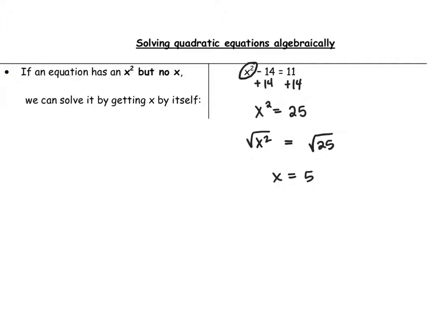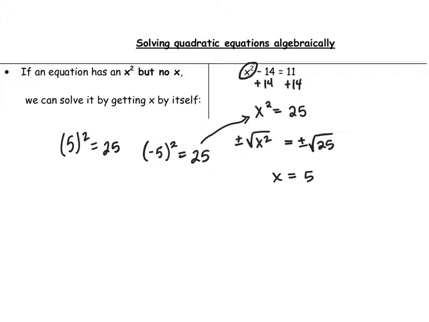And there it is. Now, that's almost true. If I go back to this row right here, if I put in 5 squared, that's going to give me 25. But if I also do negative 5 squared, that's also going to give me a positive 25. So when you square root to solve, you need to add this nice little plus or minus.